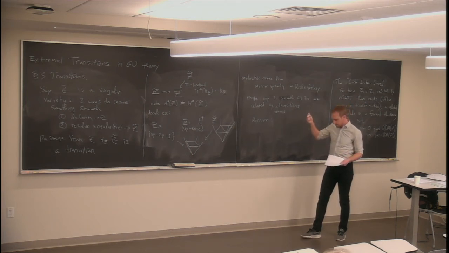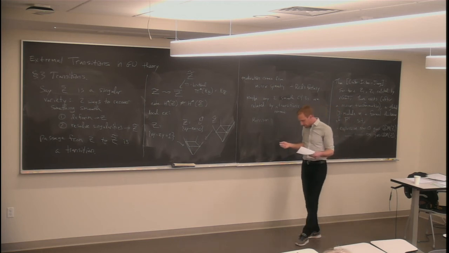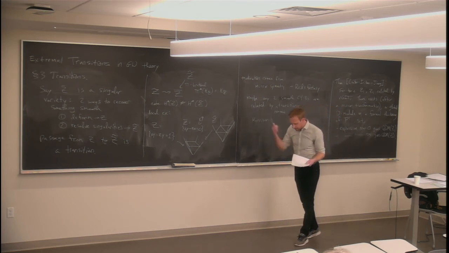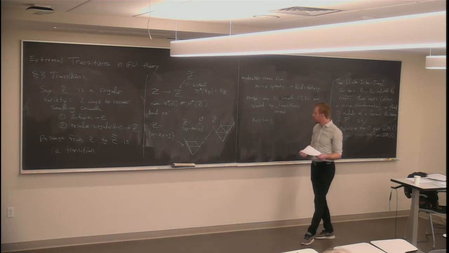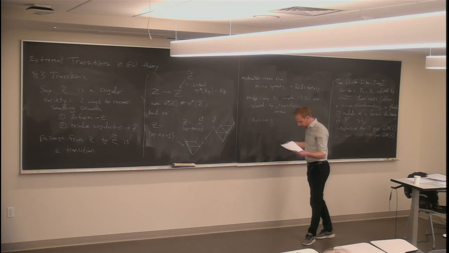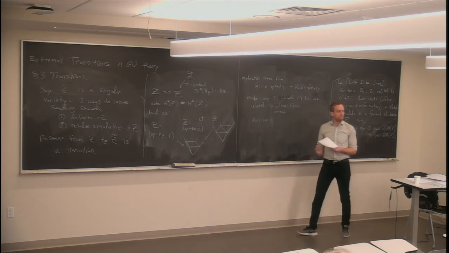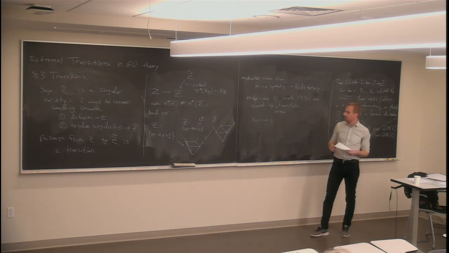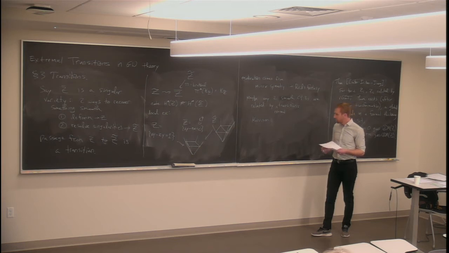So if you can understand how the A model changes under some type of transition, and the mirror is also related by a transition, you might be able to prove mirror symmetry for all smooth Calabi-Yau threefolds, more than just the cases where we already know what the mirrors are.